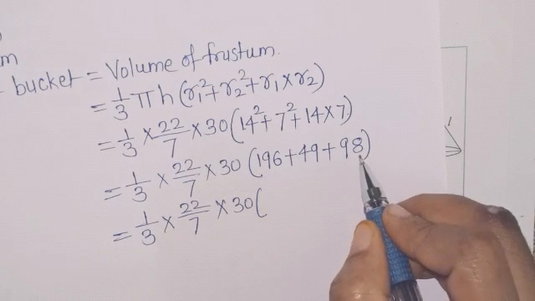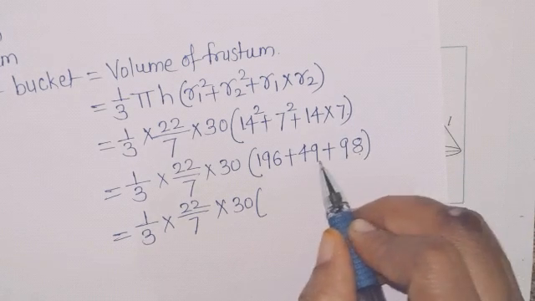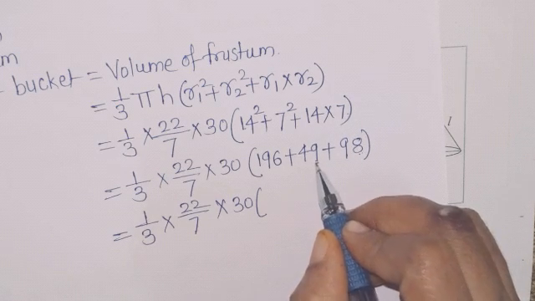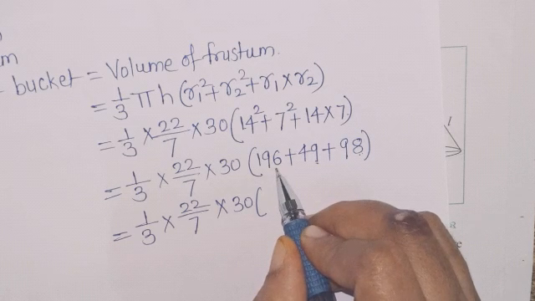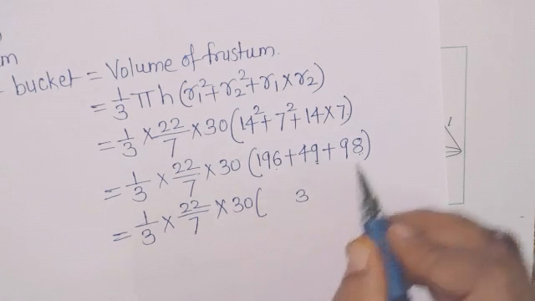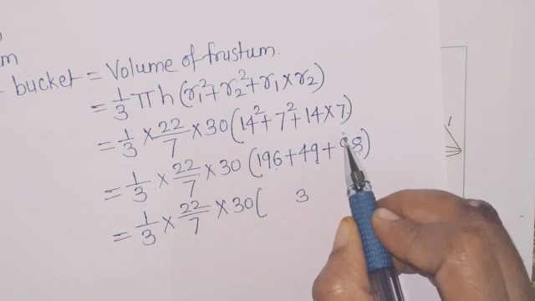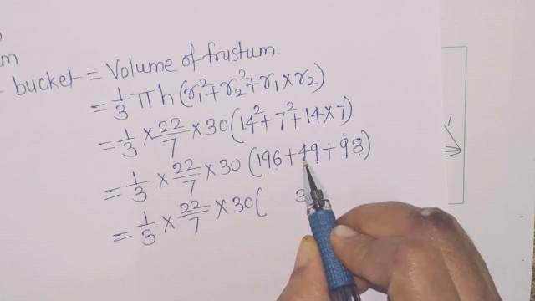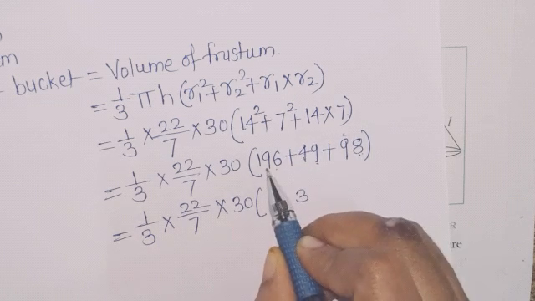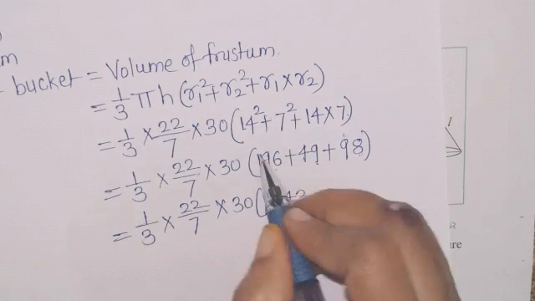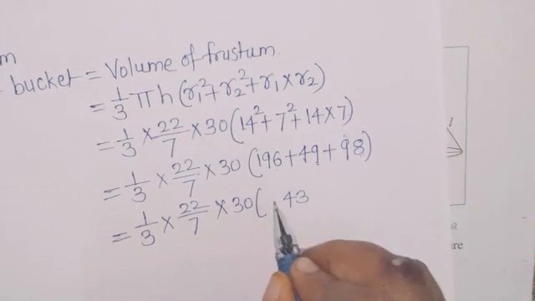So let us add unit place digit first. 8 plus 9, 17. 17 plus 6, 23. Carry 2. 9 plus 2, 11. 11 plus 4, 15. 15 plus 9, 24. Carry 2. 2 plus 1, 3.